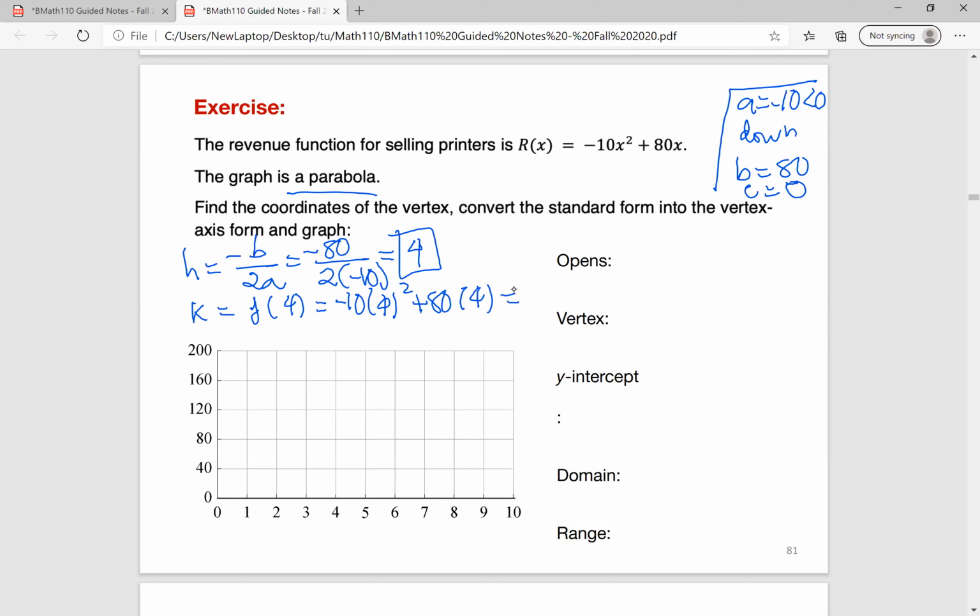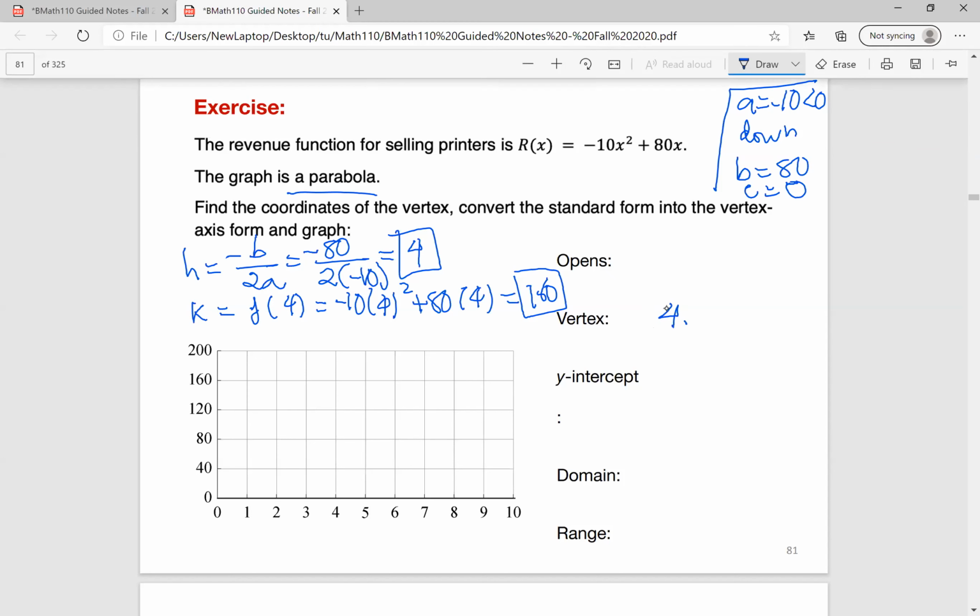Use a calculator. You're going to have -10 times 16 plus 80 times 4, and it's going to be 160 again. 160. So then the vertex will be what? 4.